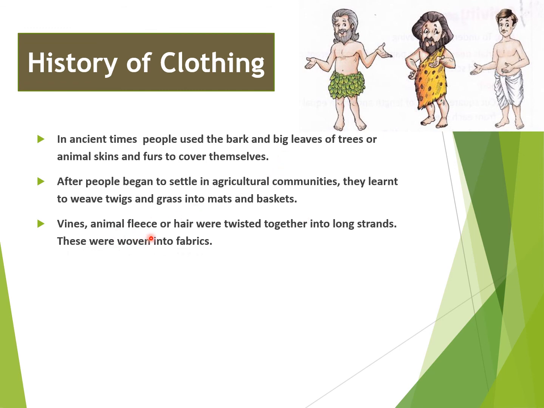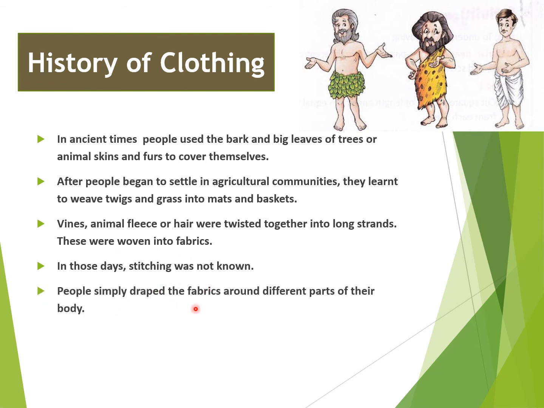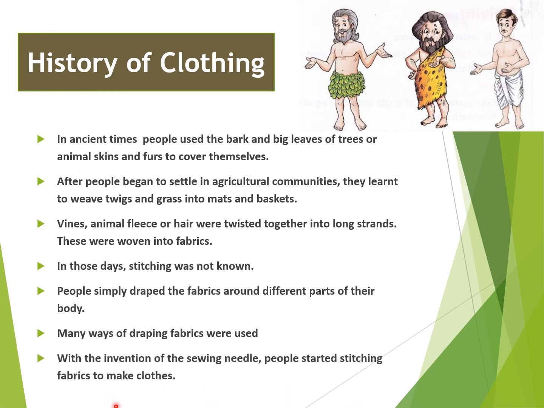Vines, animal fleece, or hair were twisted together into long strands, and these were woven into fabrics. In those days, stitching was not known. So people simply draped the fabrics around different parts of the body. Many ways of draping fabrics were used. With the invention of the sewing needle, people started stitching fabrics to make clothes.